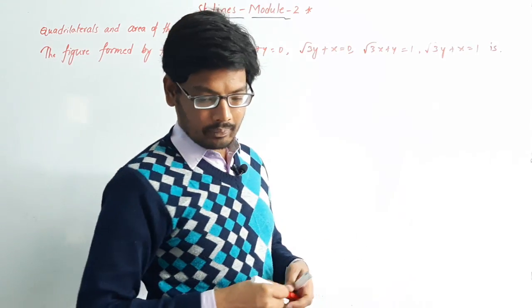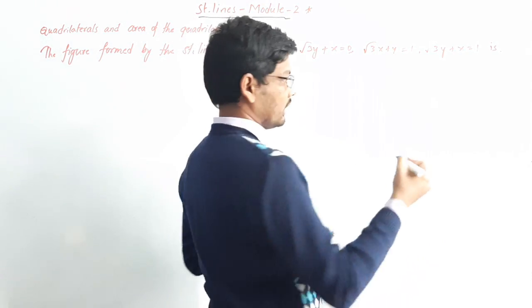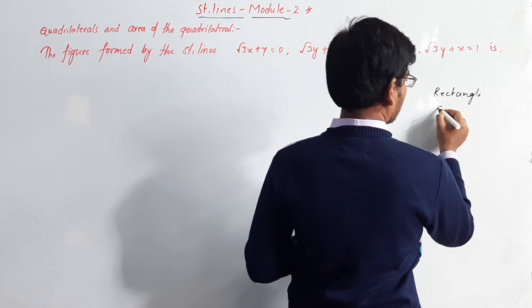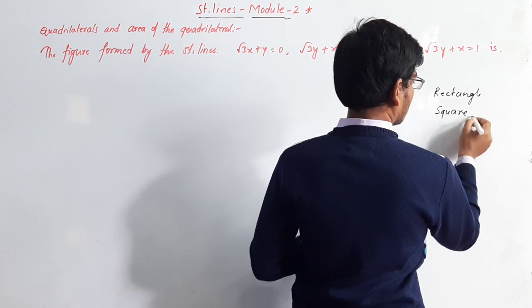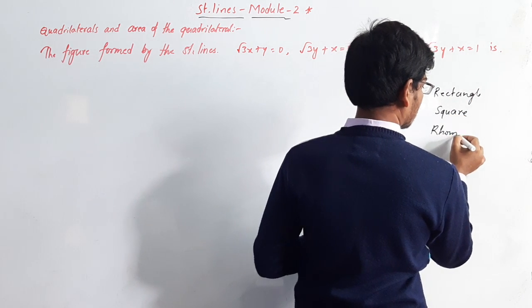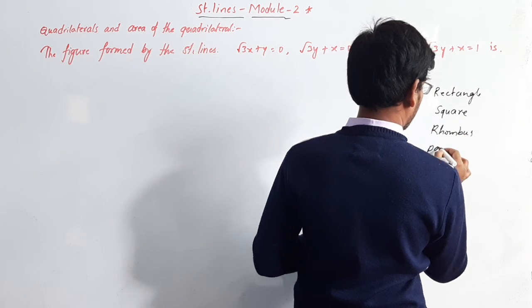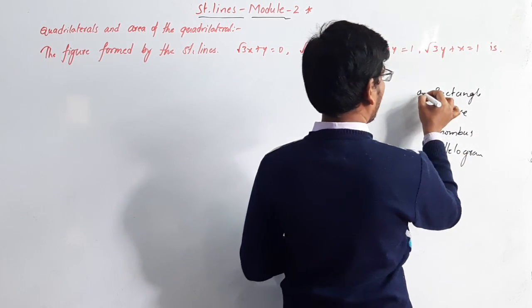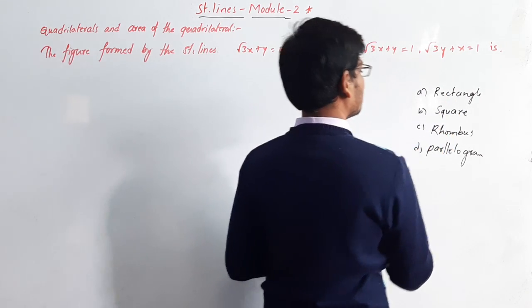The options are rectangle, square, rhombus and parallelogram. These are the options A, B, C, D here.